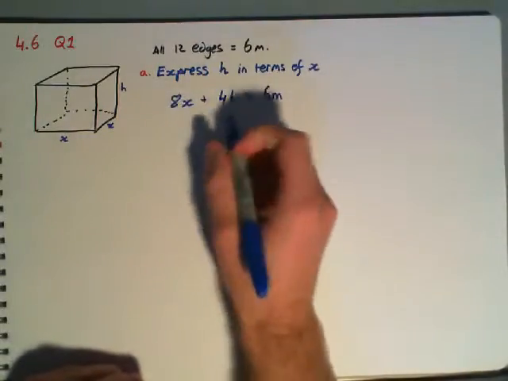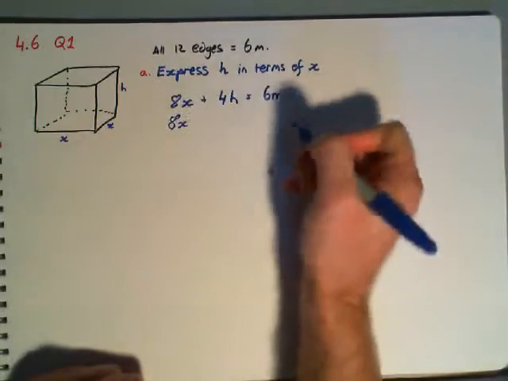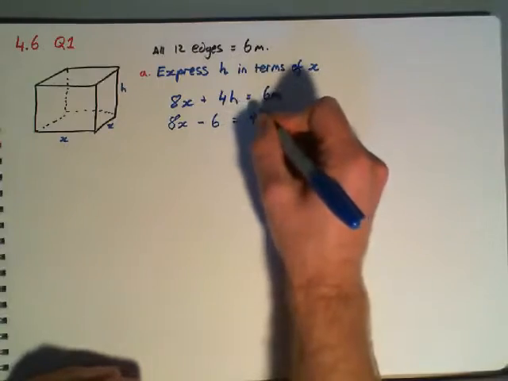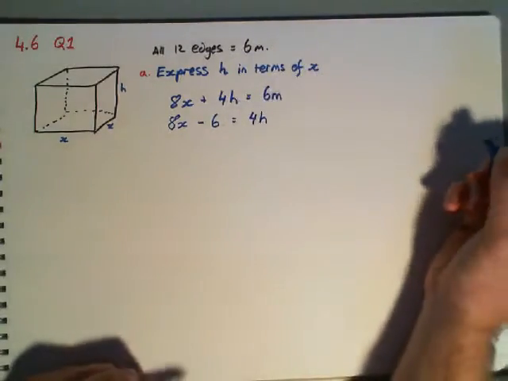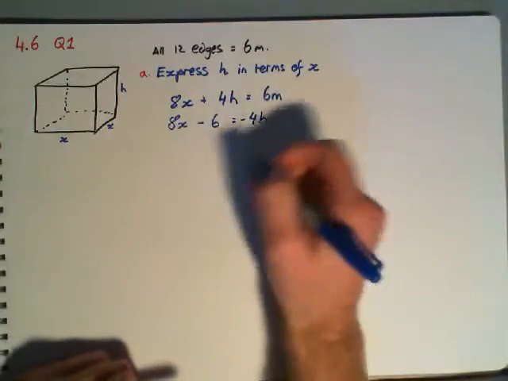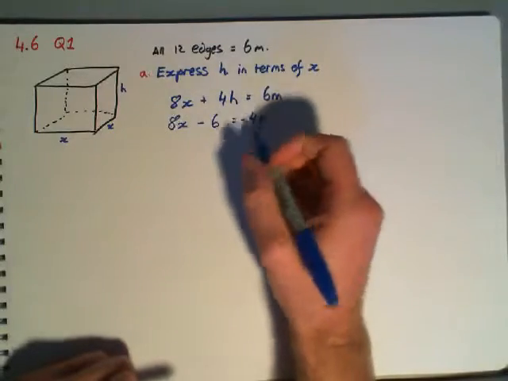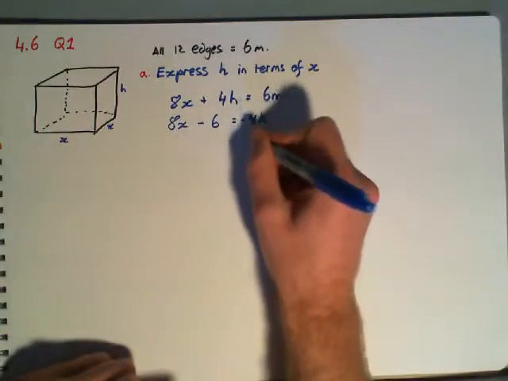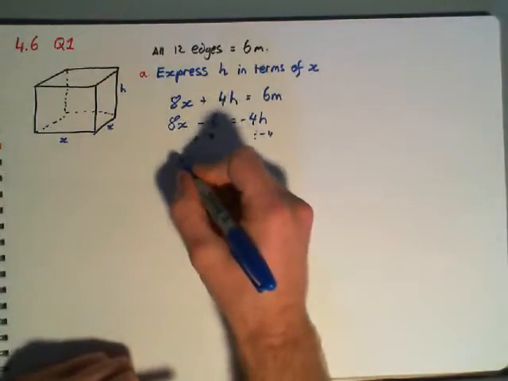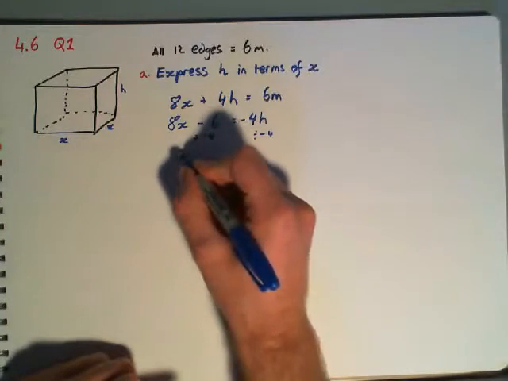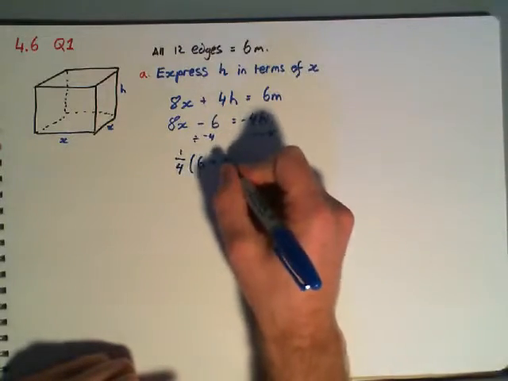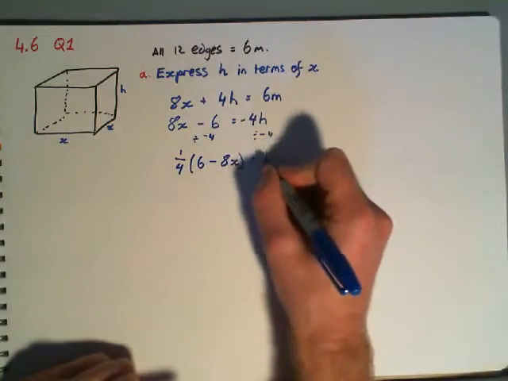So rearranging a little bit, we get 6 take 8x is going to be equal to 4h. To get h by itself, we divide both sides by 4. So we'll have 1/4 of 6 take 8x equals h.